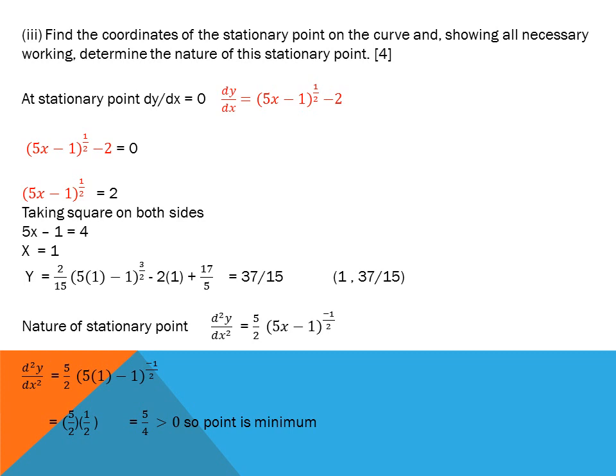If positive, then the point is a minimum. It means the curve is turning upward towards the positive y-axis. If negative, it means the second derivative is less than 0 and the curve is turning downward towards the negative y-axis. So when the curve is moving upward, the point is a minimum.